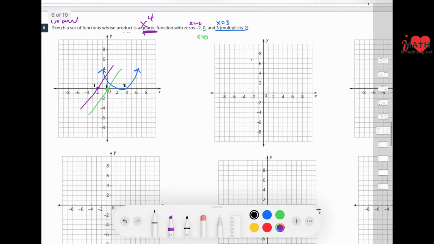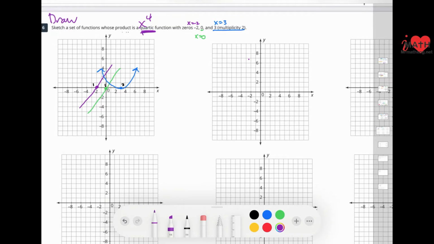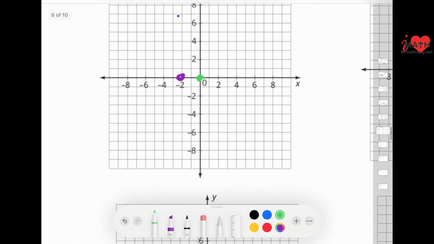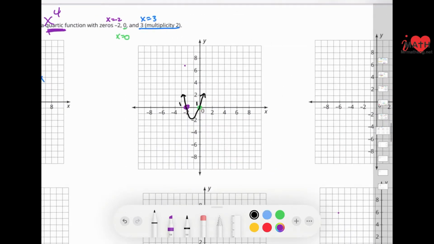And I got a bunch of graphs here because there's a bunch of combinations. Watch, you can have x equals -2, 0, and what would happen if I did something like this? Is that okay? Yeah, because that's 1. That's also 1. And then x equals 3.